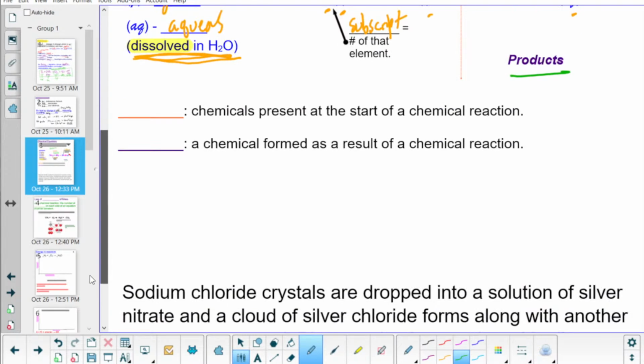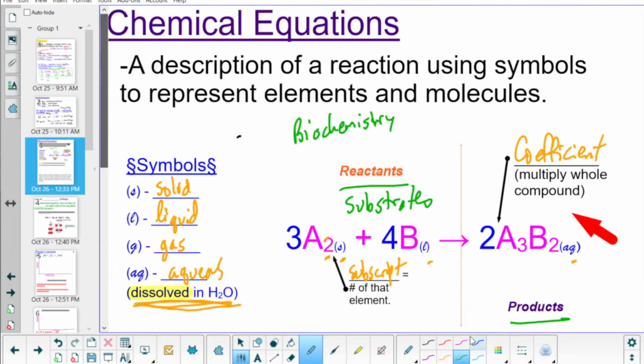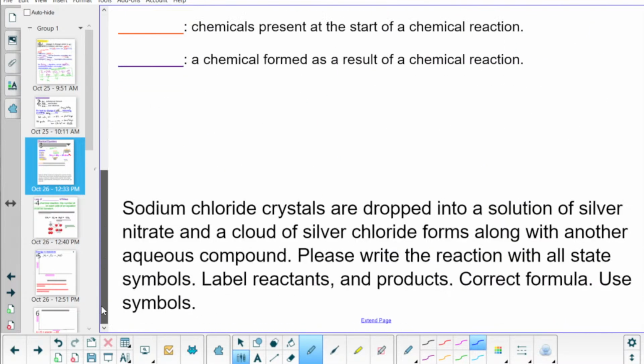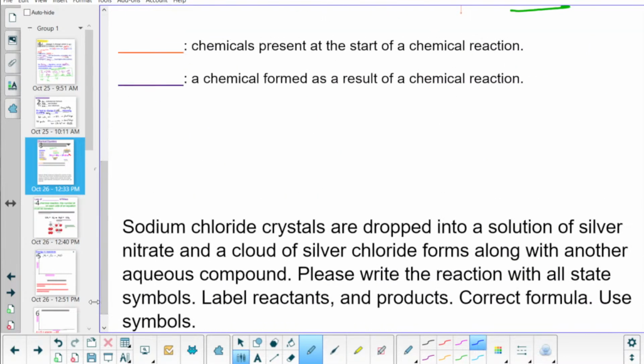So then a reminder, the things that are present at the beginning of a reaction are called what in A? Substrates.